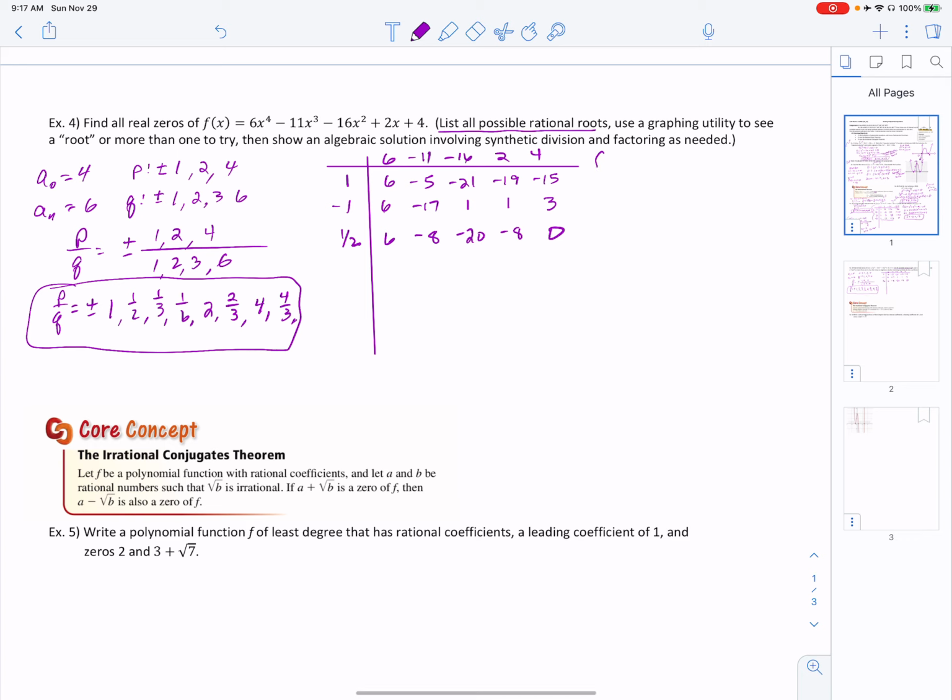So right now I have my f of x, and I want to see how it's factoring out. And we're trying to find the zeros. So if my root is x equals 1/2, my factor is x minus 1/2.